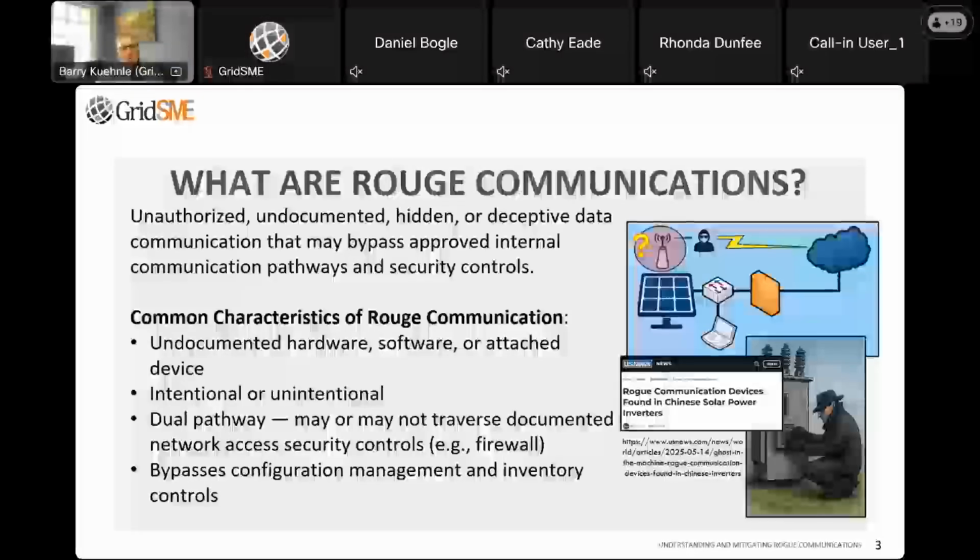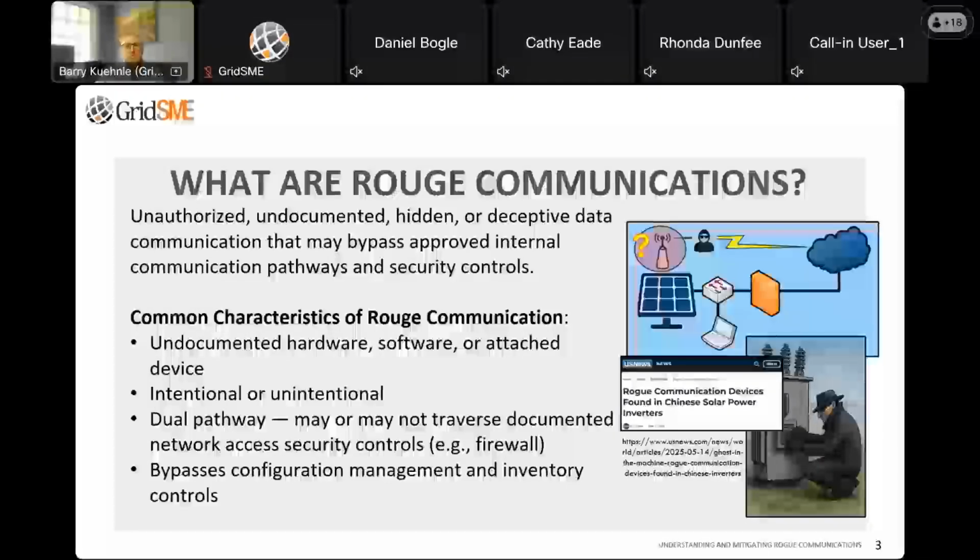The genesis of this presentation today was back in May of this year, when a number of news articles, and I have the link there to the one from US News, talked about how it was discovered that there were some cellular communication devices installed in inverter-based resources, which are also referred to as IBRs.